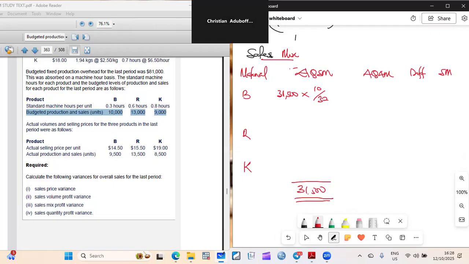This one will be 31,500. If you want to add the zeros you can, but you are wasting your time. It's a proportion. So this one will be 13 over 32, and this one will be 9 over 32.